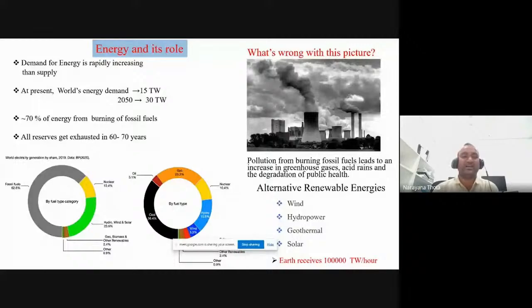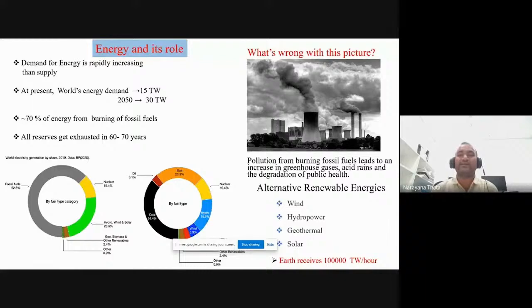This is the world electricity generation. You see, 65% of energy is now from burning of fossil fuels. Burning of fossil fuels results in an increase in greenhouse gases, acid rains, and degradation of public health, thereby causing total imbalance in the atmosphere.